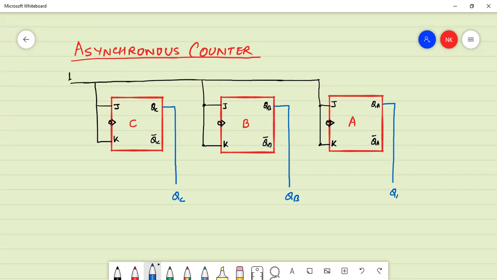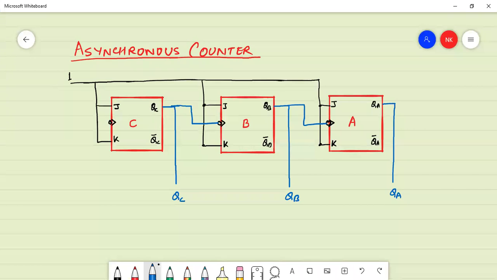So the 3 outputs are here, and as we have already seen, the output of the first flip flop is acting as the clock of the next flip flop, as you can see here.